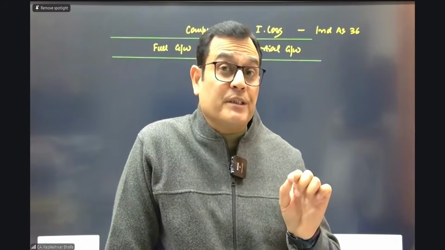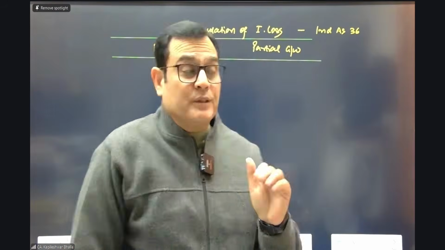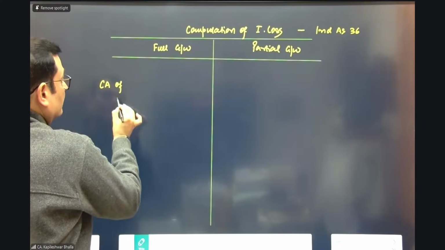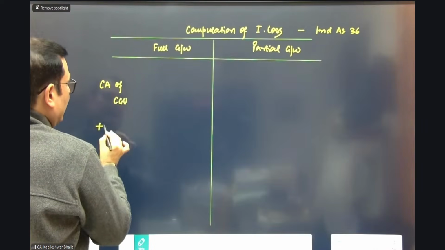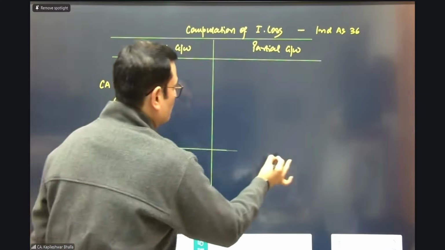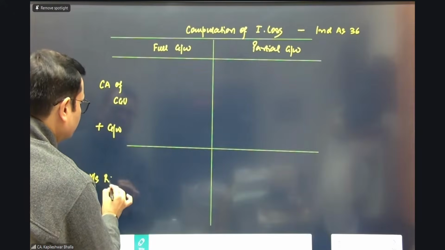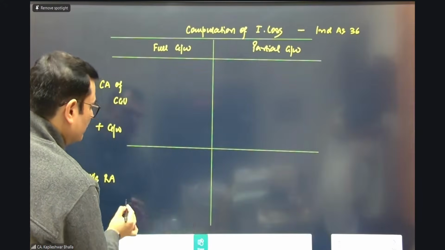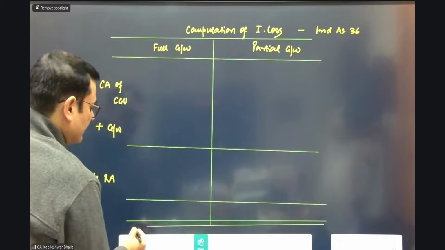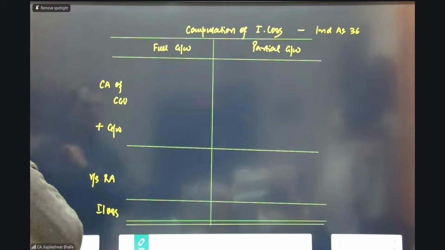For a CGU, when you calculate the impairment loss, you consider the carrying amount of the CGU, and to this you add the goodwill. Once you take the carrying amount and the goodwill, you compare this with the recoverable amount, and that gives you an impairment loss. Then you need to decide how the allocation of that impairment loss will take place.